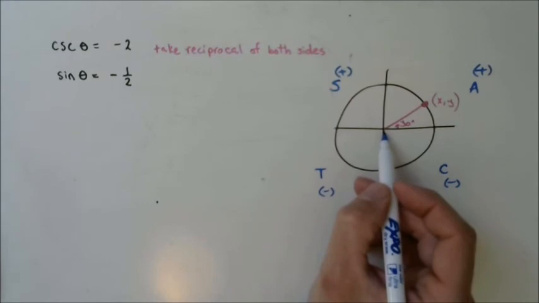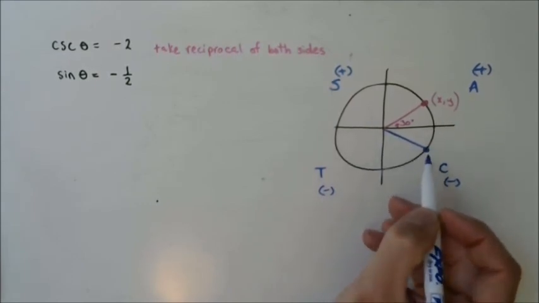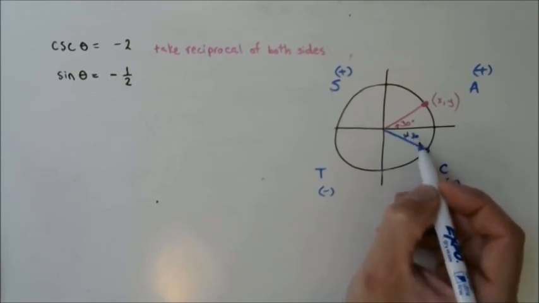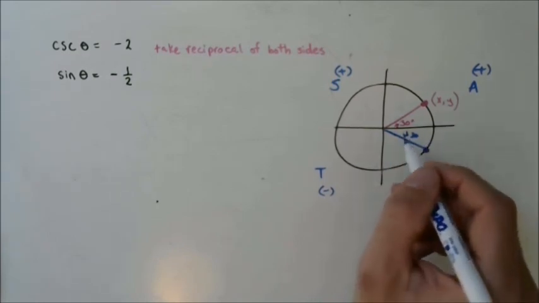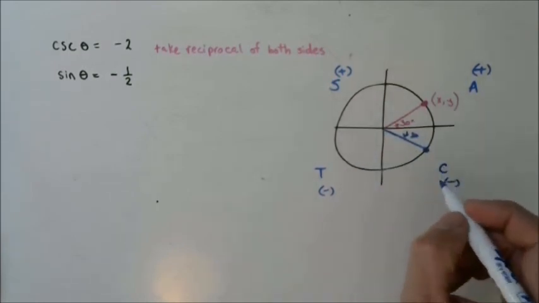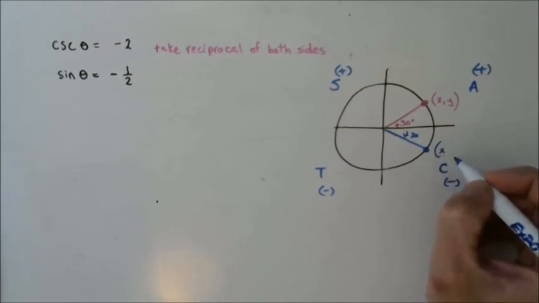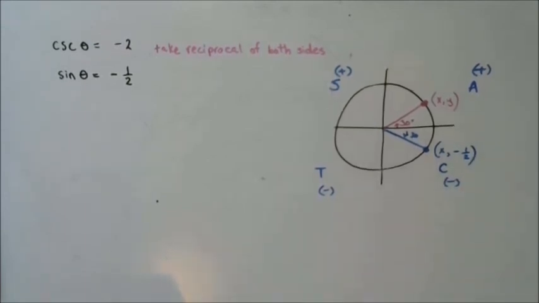So using my reference angle, I can determine that this guy, if I'm going backwards 30, you don't need to indicate going backwards 30. We don't really do that very often. I'm actually going to wrap all the way around. But just for the sake of explaining, this guy is going to have, I'm not concerned about what its x is, but it's going to have a y of -1/2.